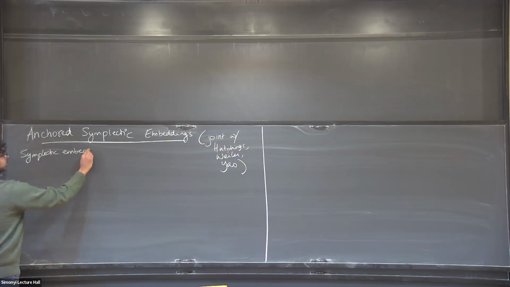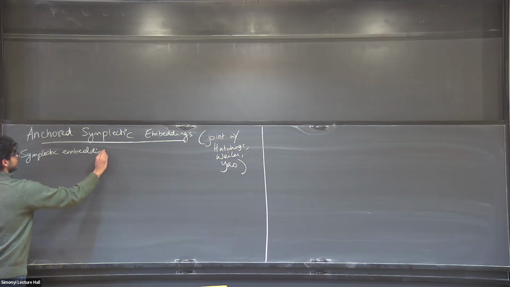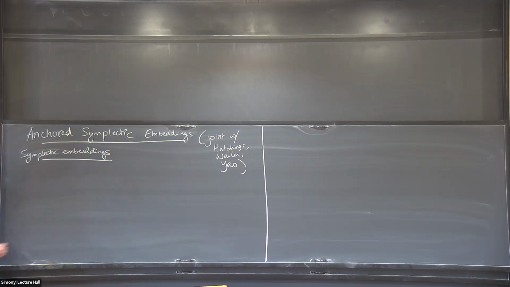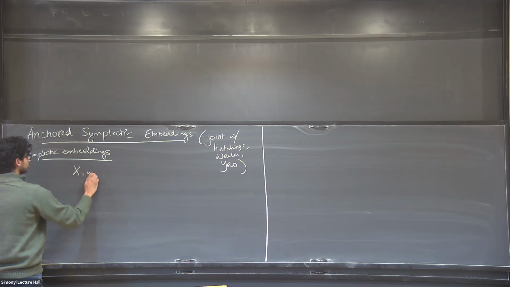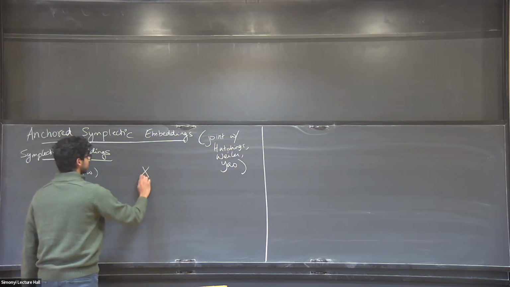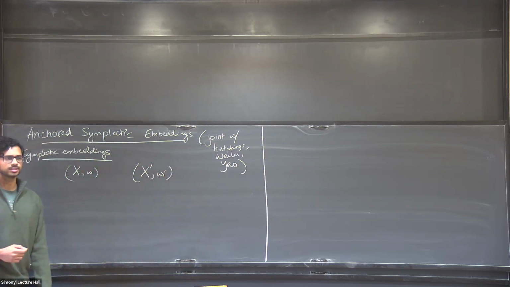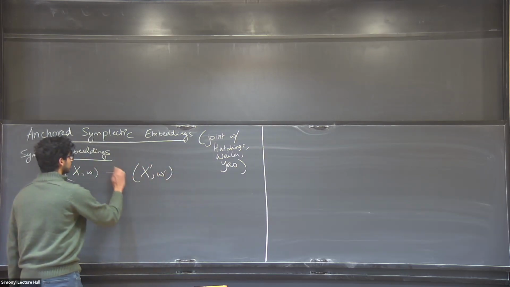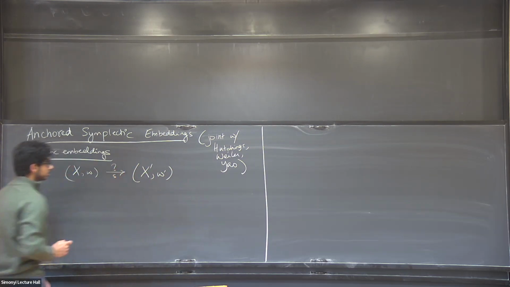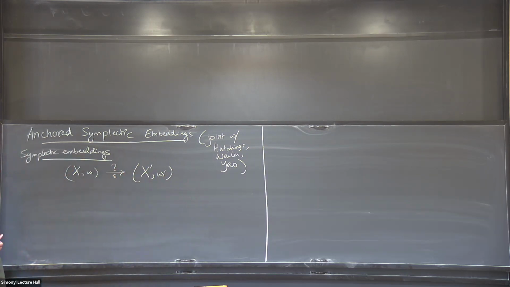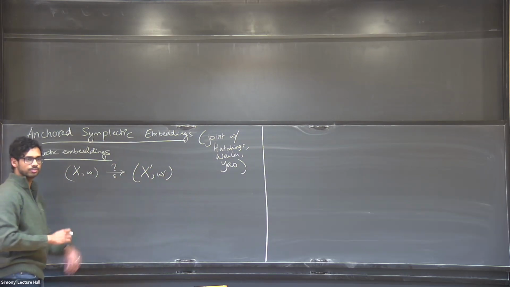this question of symplectic embeddings. The way that works is you have two symplectic shapes, and you ask, when does one fit inside another? Which is an embedding which preserves the symplectic form.